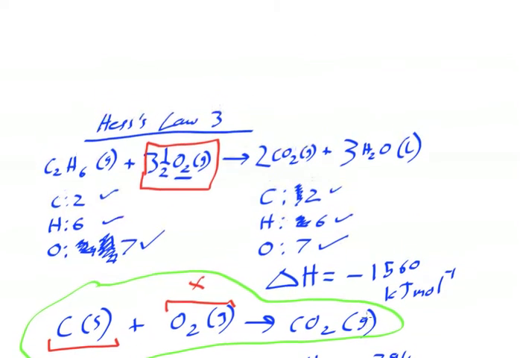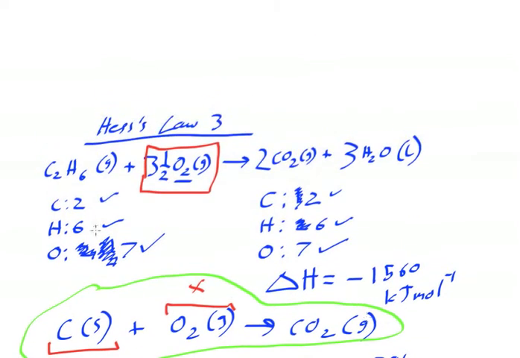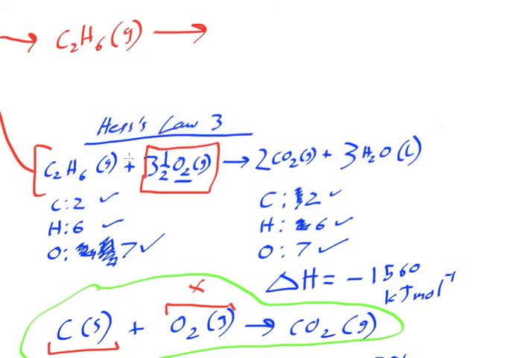And I can do that. All I need to do is write this thing as C2H6 gas goes to, and I'm going to subtract this 3.5 O2 from both sides, or if you like, I'm going to move it to the other side, and the plus when I move it becomes a minus, it flips.